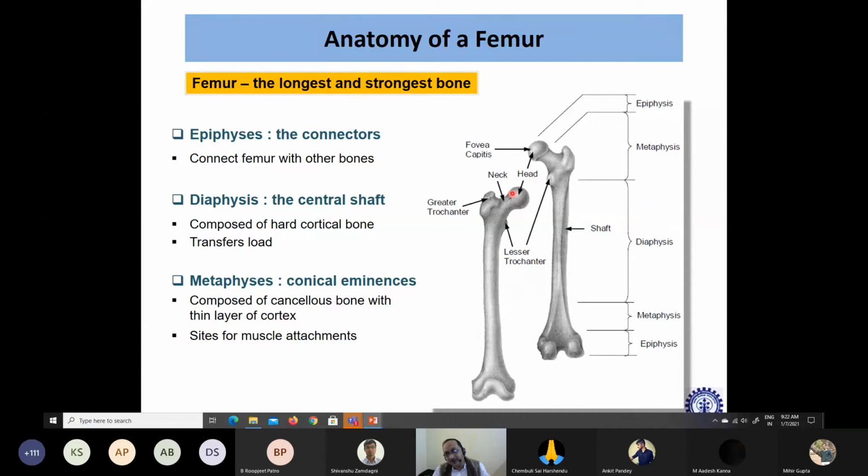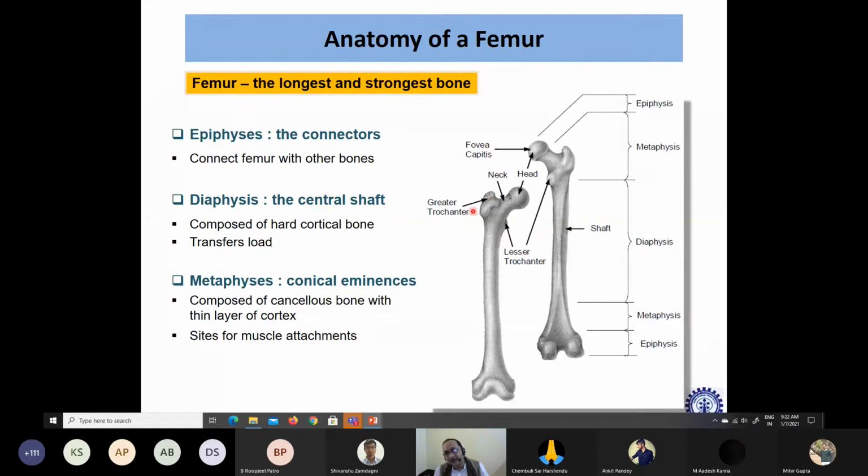Then there is a very interesting part called the neck. Like our body, we have a head, and then there is an area with a smaller cross section, called the neck. From the head, the cross section of the bone reduces drastically and forms the neck. Then it forms the main body, or the shaft of the femur. Before that, there are two important bony landmarks, the greater trochanter and the lesser trochanter.